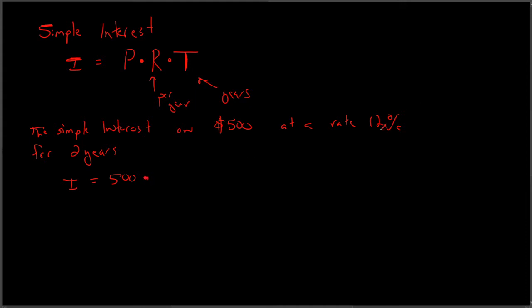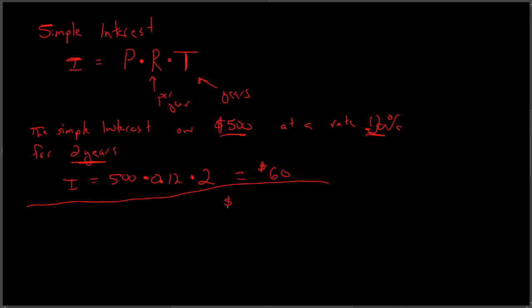Now again, I'm going to convert the percent to a decimal by moving 2 decimal places to the left, times the time, which is 2 years. And so if I run to my calculator, I get $60. What this means is if I take out a $500 loan for 2 years at a 12% rate, at the end of those 2 years, I will have paid back $560.